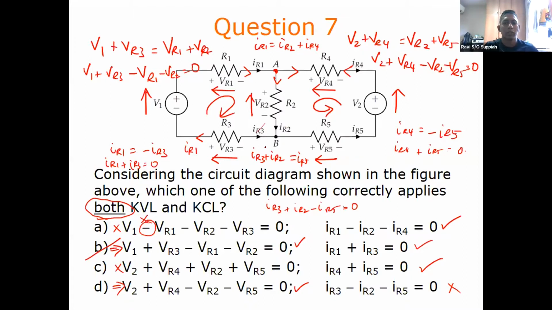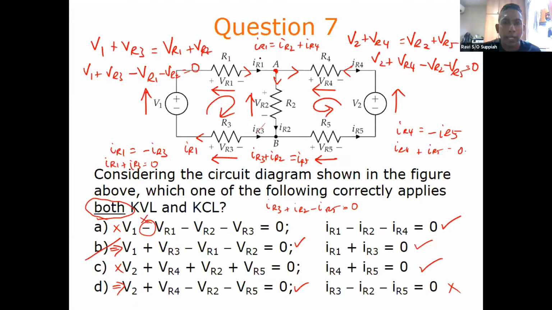Since you are having different branches, it is always important to label them differently, and then you can use those different expressions for your node analysis.